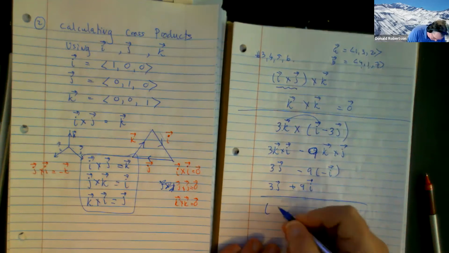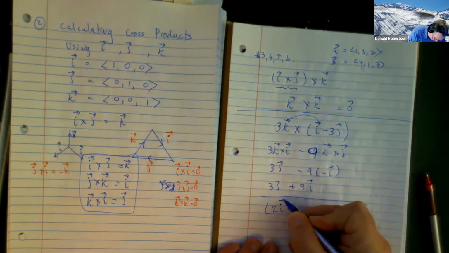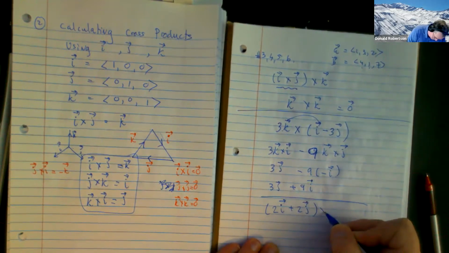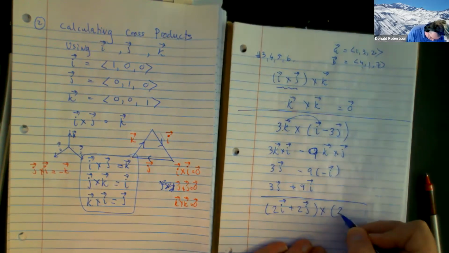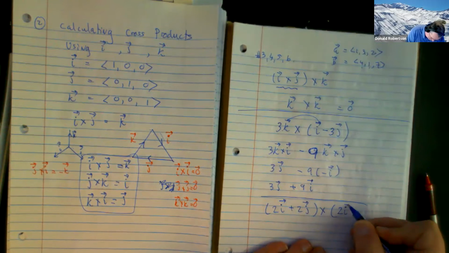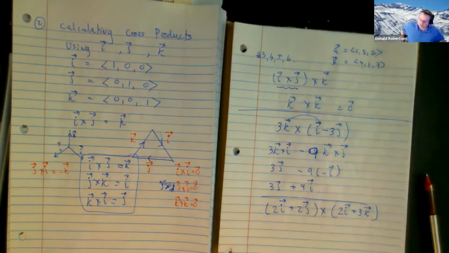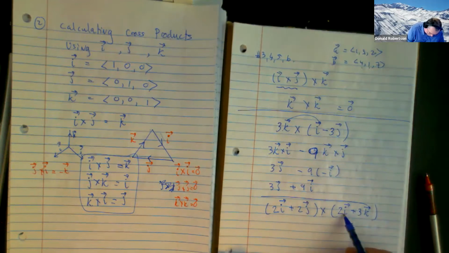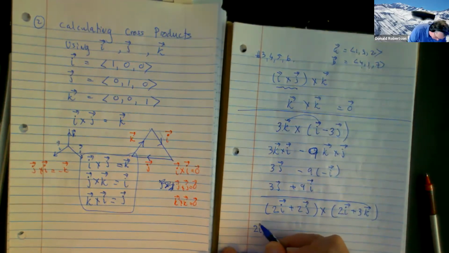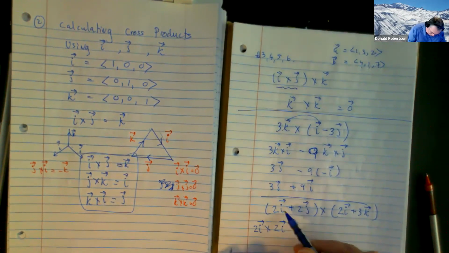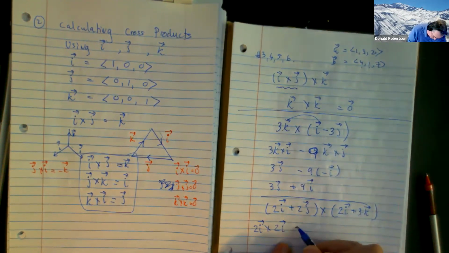Now, I promised you that you can also do essentially a distributive law. Think FOIL. 2i cross 2i. So 2i and that one, that's going to get you 2 and 3.